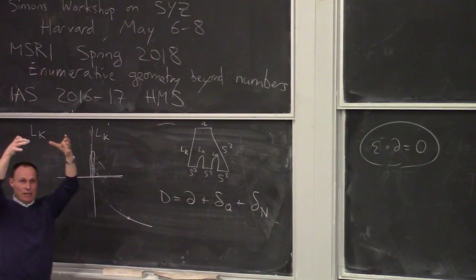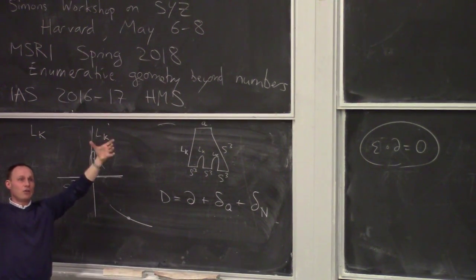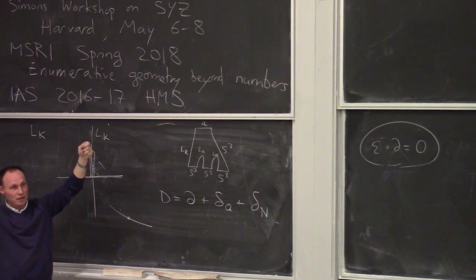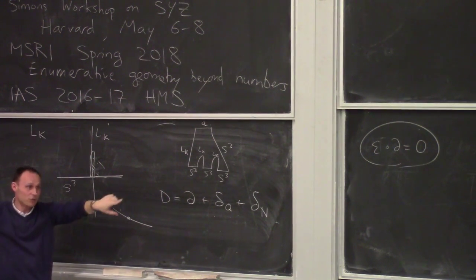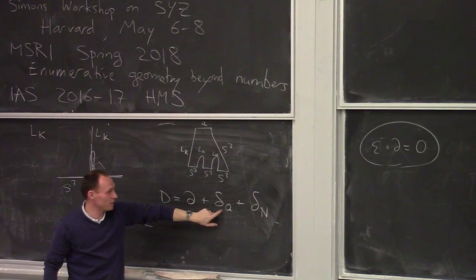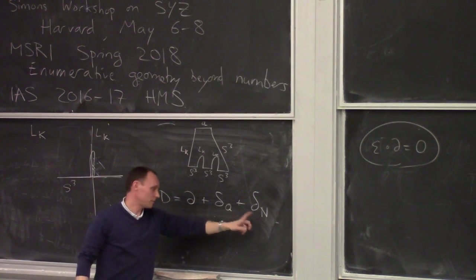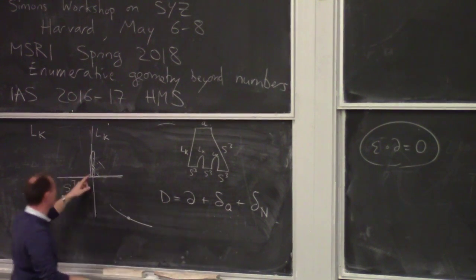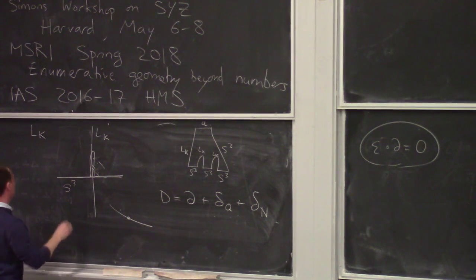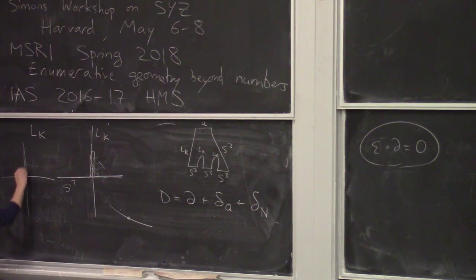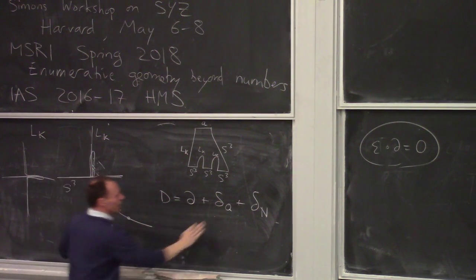If you have a one-dimensional chain of strings in S3 and it's moving, then at some points it will hit the knot, and there you split it in two. So this is this operation. But of course this can also happen the other way around, right? So it can shrink along N, or it can shrink along LK.